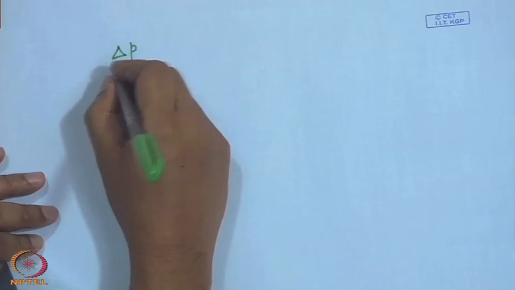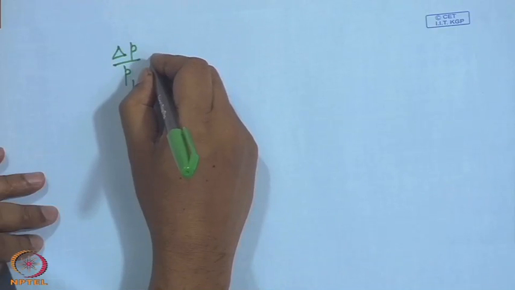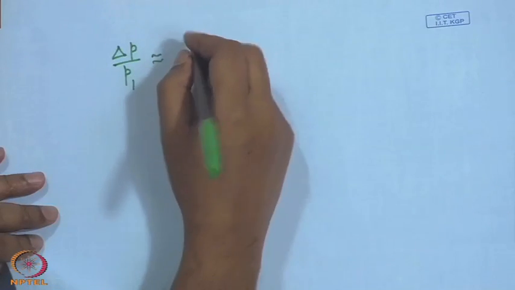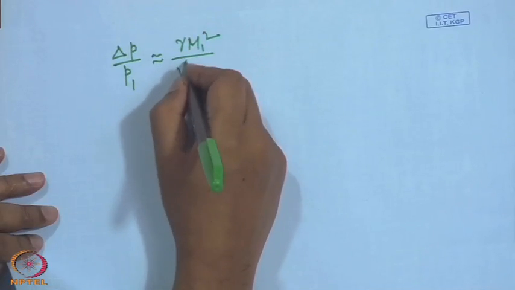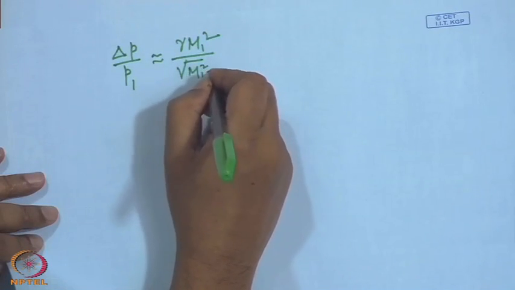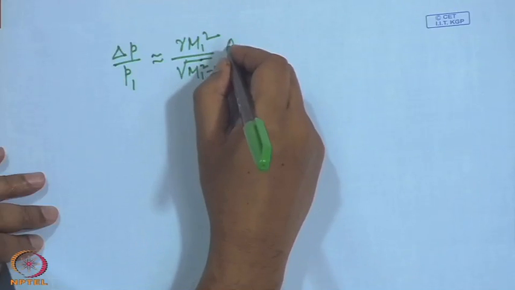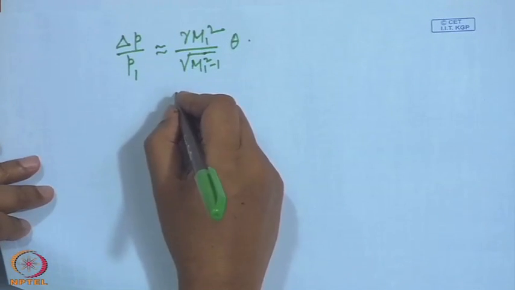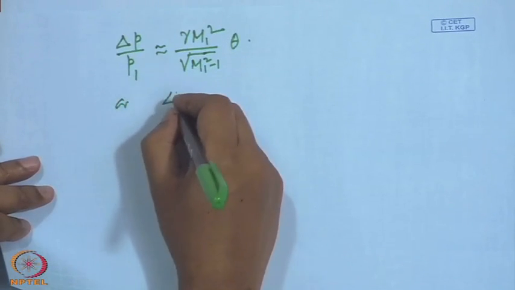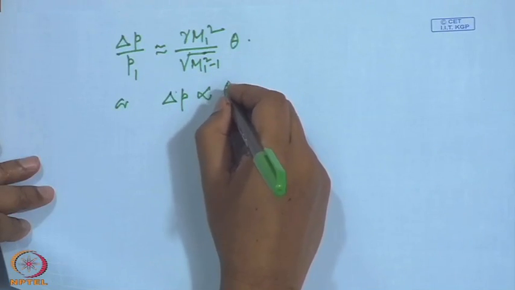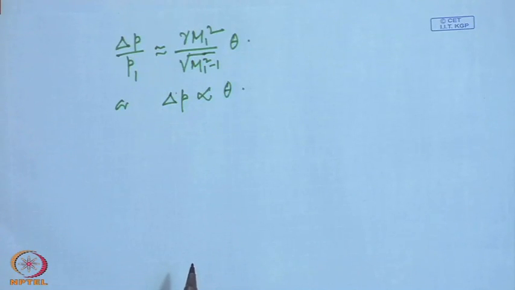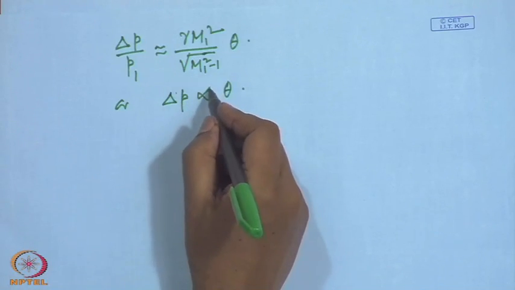That is delta P by P1 is equal to gamma M1 square by root over M1 square minus 1 into theta, or delta P is proportional to theta. That is, the change in pressure across a weak oblique shock is proportional to the flow turning angle.